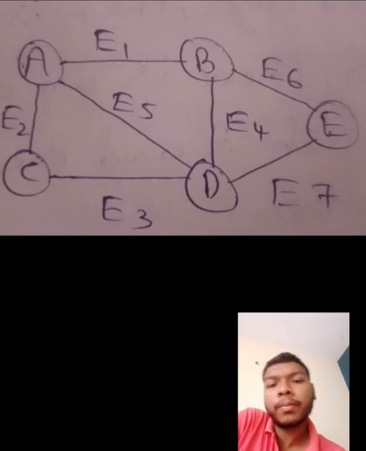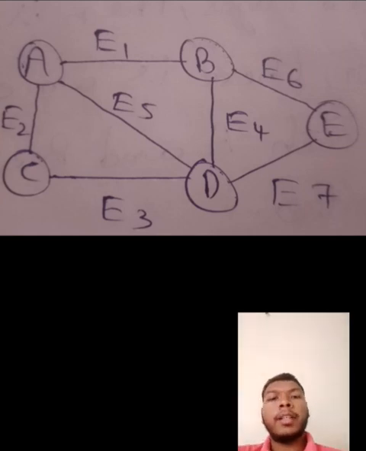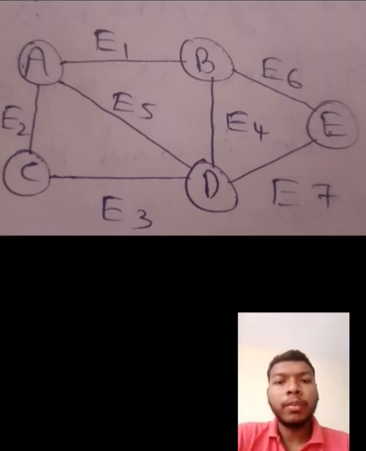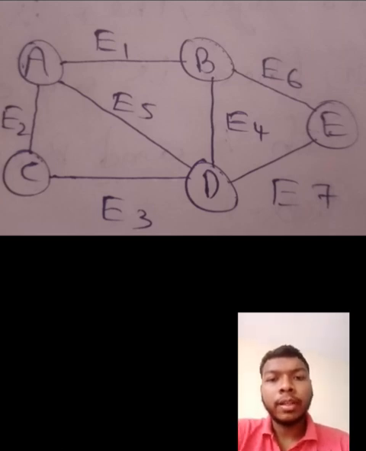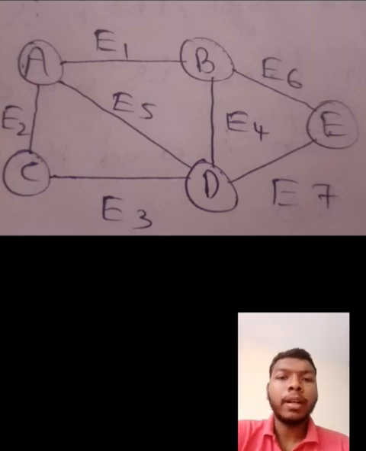As you can see, a graph consists of vertices. In this graph, take it as an example, A, B, C, D and E are the vertices of the graph.